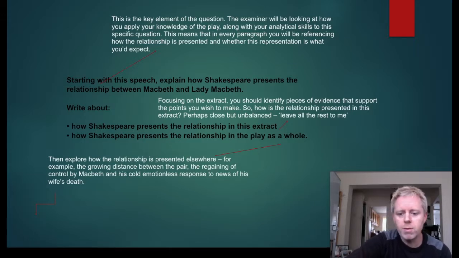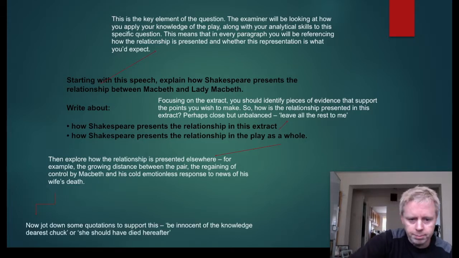Macbeth didn't involve Lady Macbeth at all. In the aftermath of Fleance escaping and Macbeth's paranoia taking hold, he doesn't confide in his wife. Instead, he goes to the three witches, as I've already mentioned. So as you make your point on the extract, you can link it elsewhere in the play rather than separating them out.